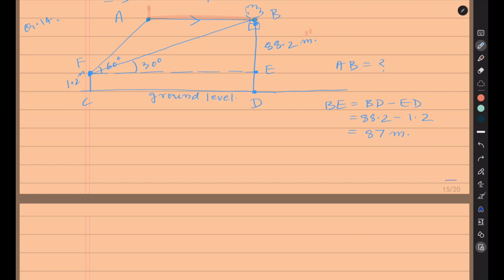So let this distance AB be anything. Let it be H, or maybe just S. This distance AB is assumed to be S, which we need to find out.